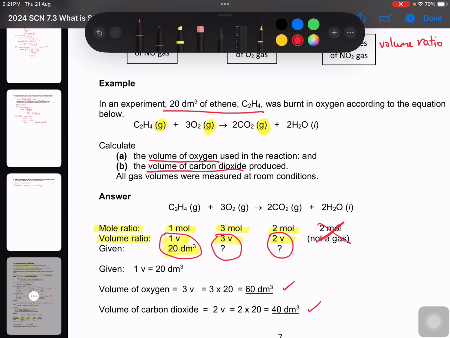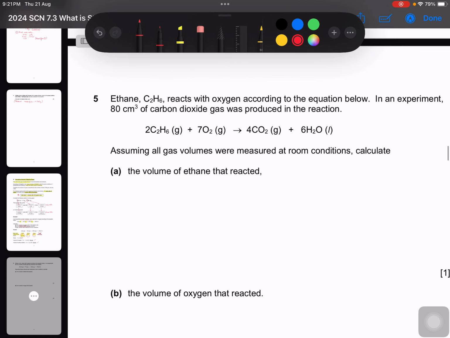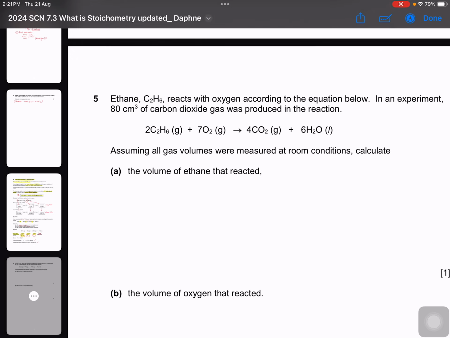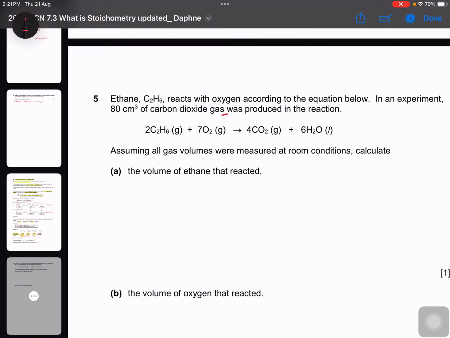Okay, let's try a question. Ethene reacts with oxygen according to the equation. What information are we given? 80 dm cube of carbon dioxide.